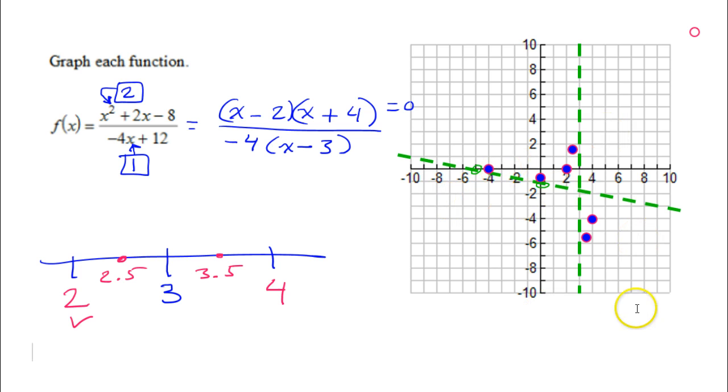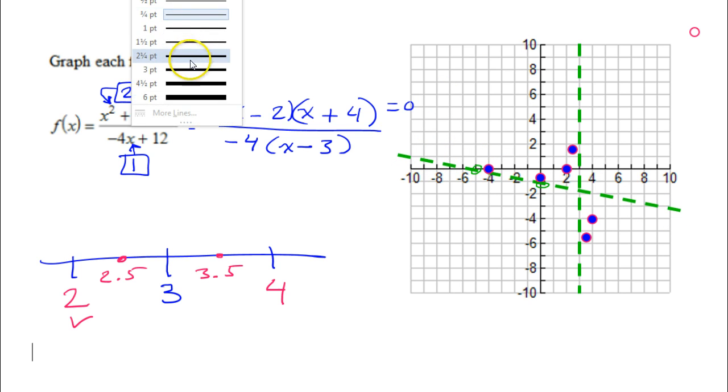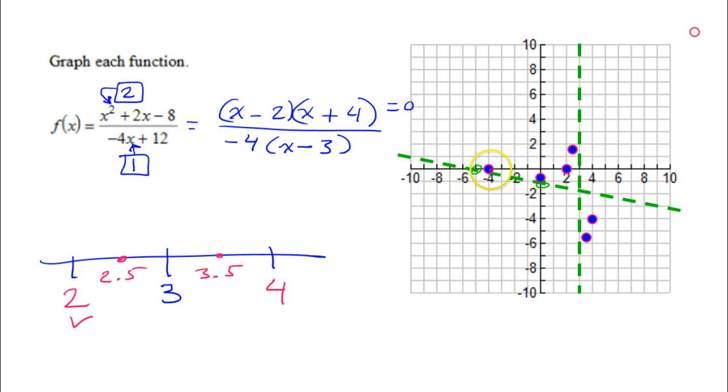We're going to take these points, and this should be enough to show us what the graph is doing, together with this slant asymptote that we've got. We're passing through these points, but we're approaching the slant asymptote and the vertical asymptote.